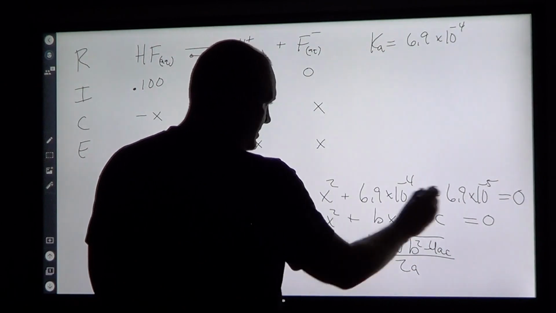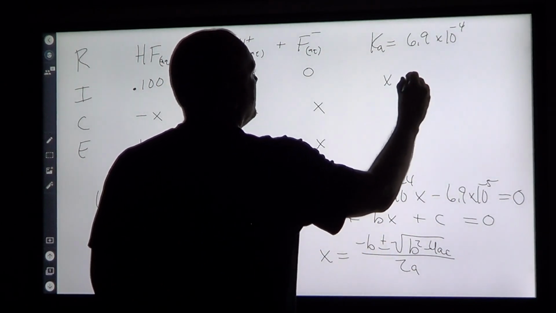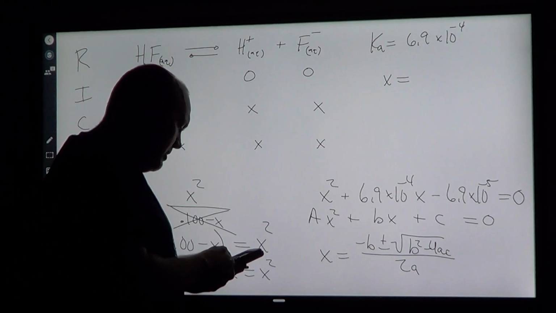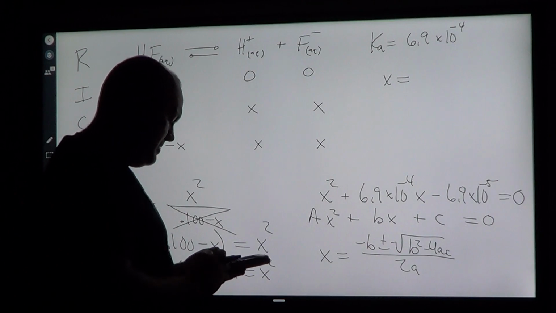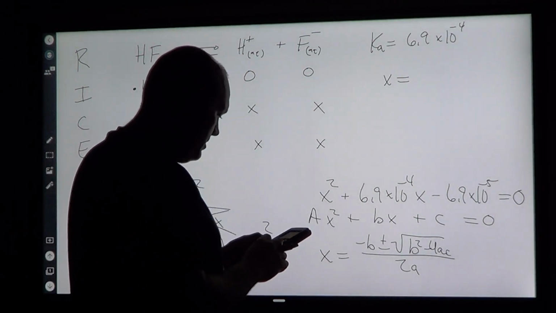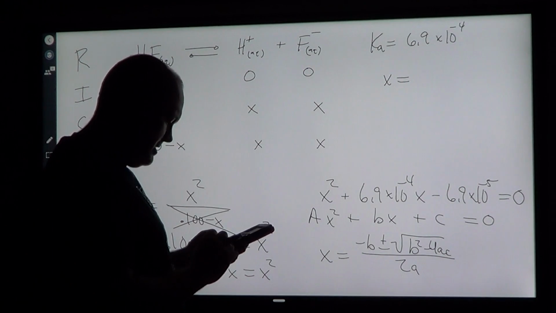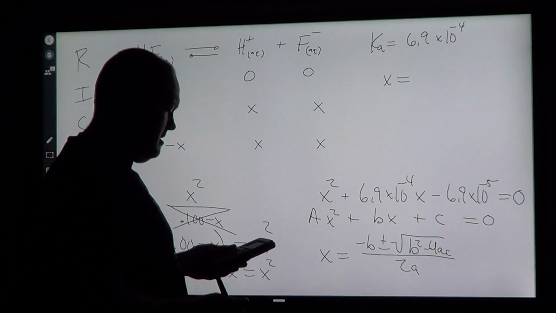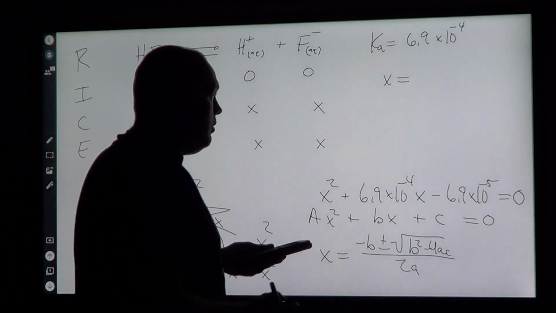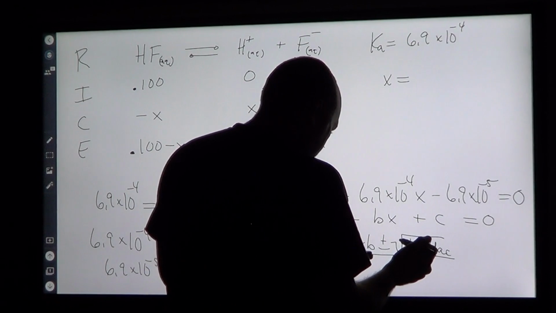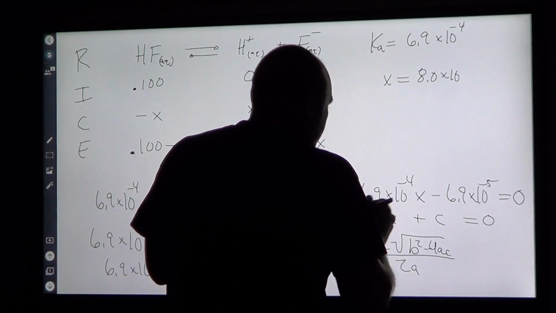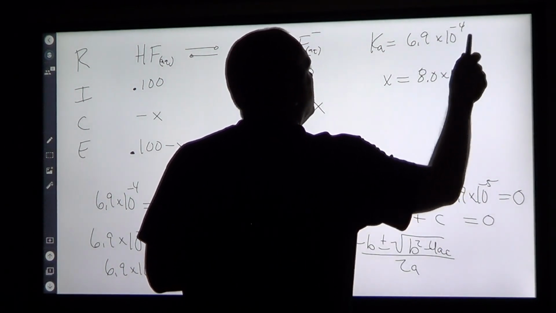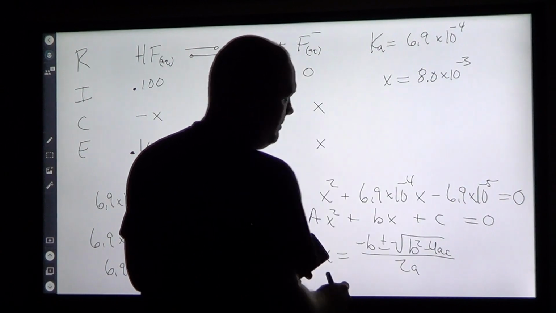If you run this equation through the quadratic formula, which I have on my computer already, so I'll go to the quadratic formula. A is 1, B is 6.9 times 10 to the negative 4, and C is negative 6.9 times 10 to the negative 5. And my calculator spits out 8.0 times 10 to the negative 3.